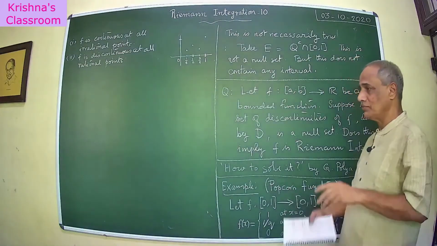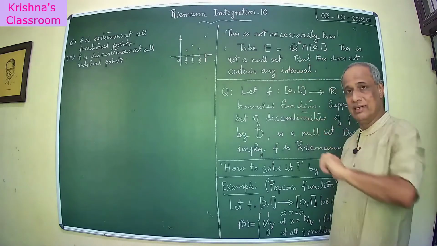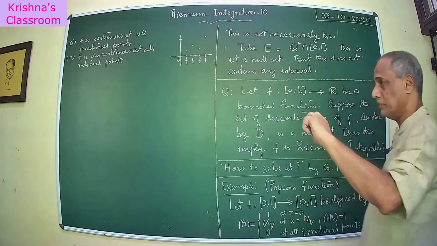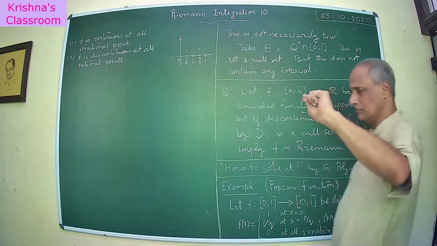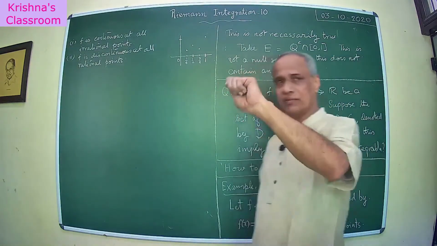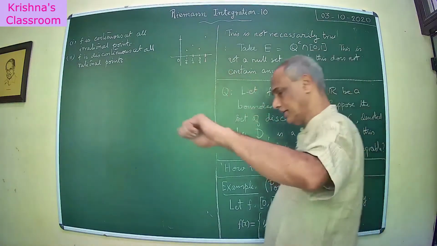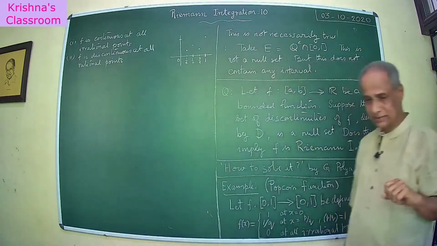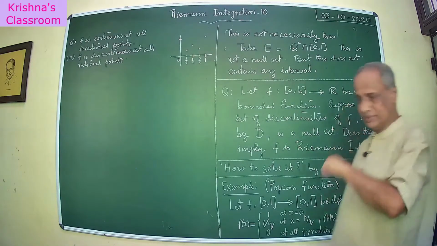Now what happens is, if you take an irrational point, look at the decimal expansion of that. It lies between 0 and 1. It is of the form something like 0.a1 a2 and so on. And because it's an irrational point, it is not an ending expansion that you have.